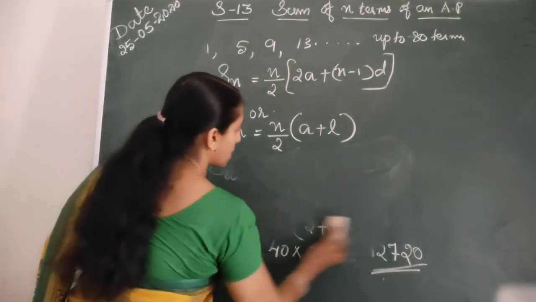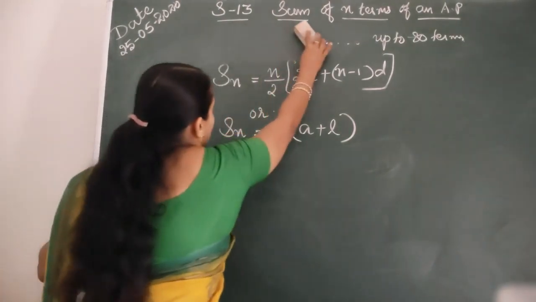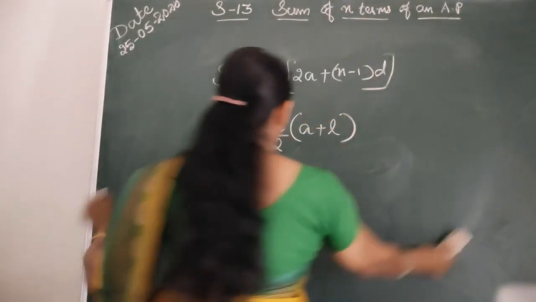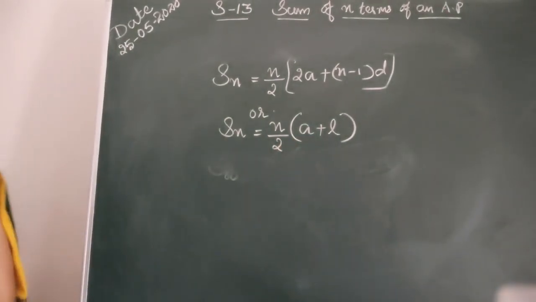Heading: sum of n terms of an AP, and write down the formula Sn equal to n by 2 into 2a plus n minus 1 into d, or if the last term is given, then we will apply n by 2 into a plus l. Note down both the formulas.